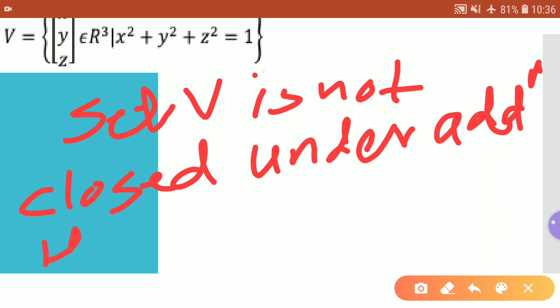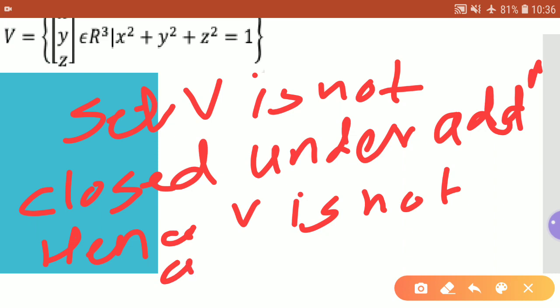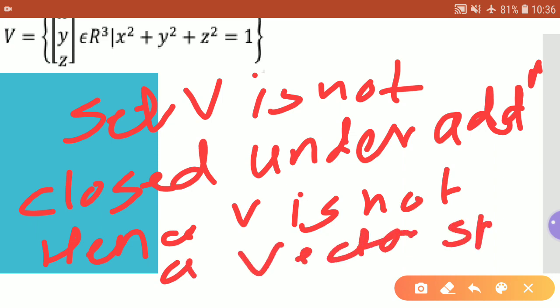Hence V is not a vector space. We can claim that this V is not a vector space.